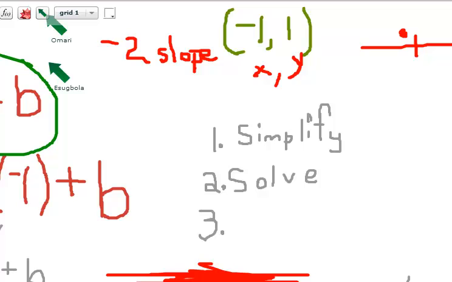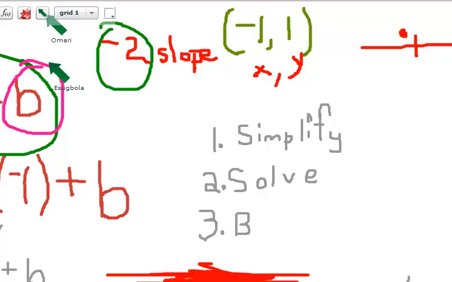Slope is -2. She told us that. Those are given. But we didn't know what b was, right? I'm going to get this pinkish color for b. We didn't know b, right? That was the whole point of this work, that Tashana, Eshibola, Trent had a hand in, a lot of us had a hand in it.